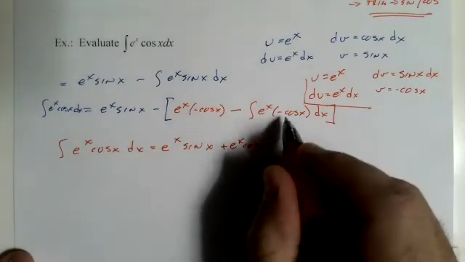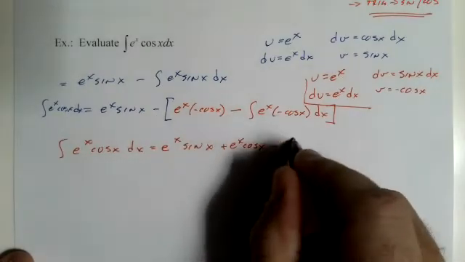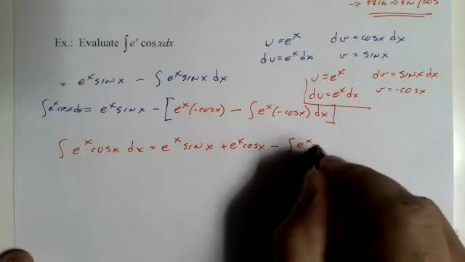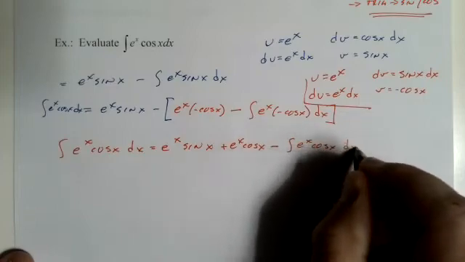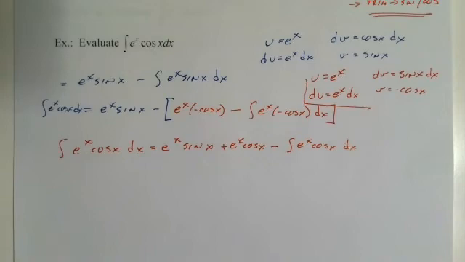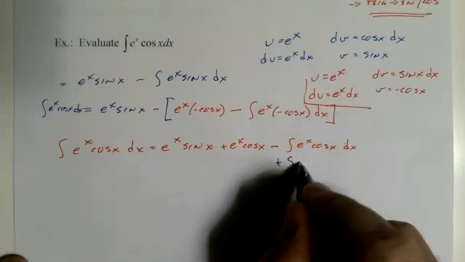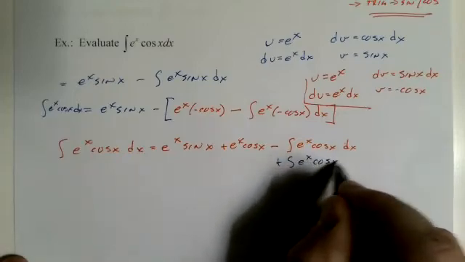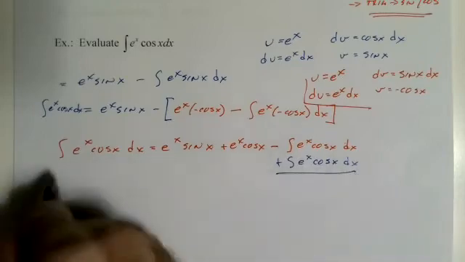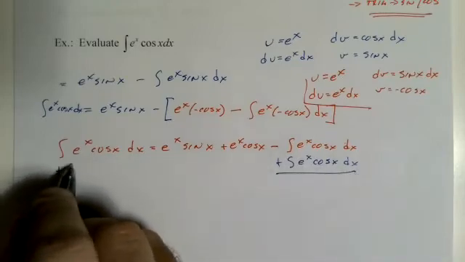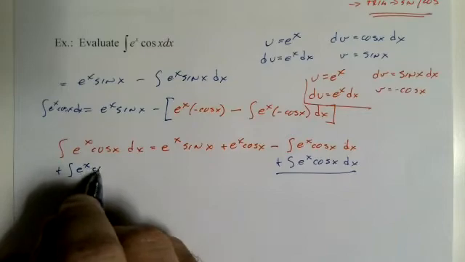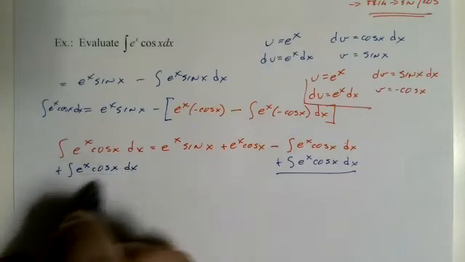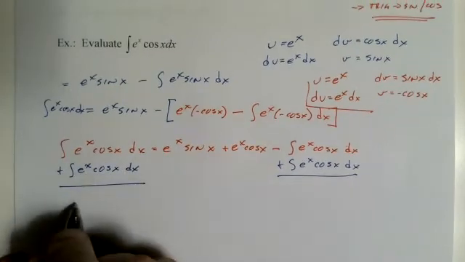Minus minus is going to cancel, the minus is going to come out front, minus the integral of e to the x cosine of x dx. At which point, well, let's just keep going. We'll check it out. Why don't we just move this over? At which point I usually get the question, can we do that? And as I like to say, it's America, we can do whatever we want here. Don't know if that's true anymore.